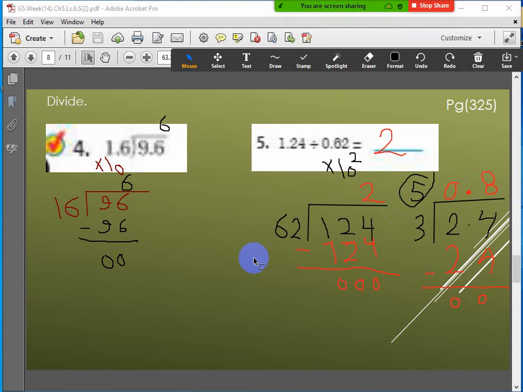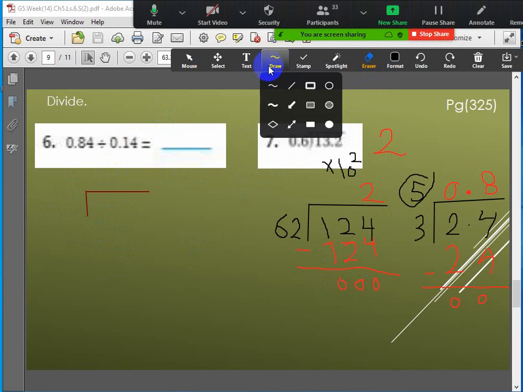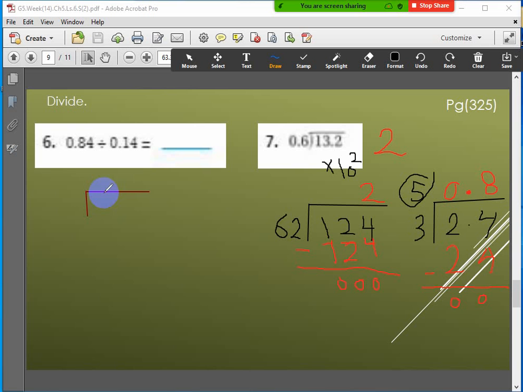Okay, done. Now let's continue with number 6 also. I think it's different. I'm sorry about that because I have a different version of the book. So I will solve the number 6 in your book.